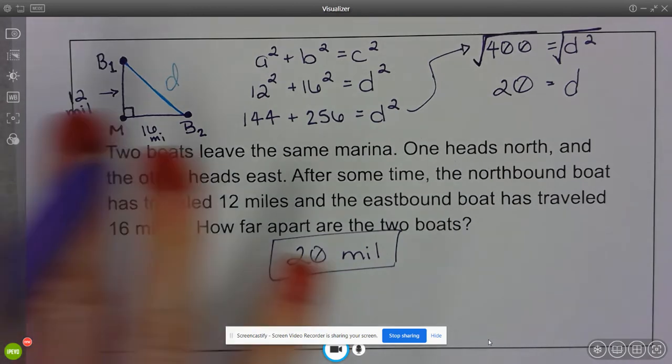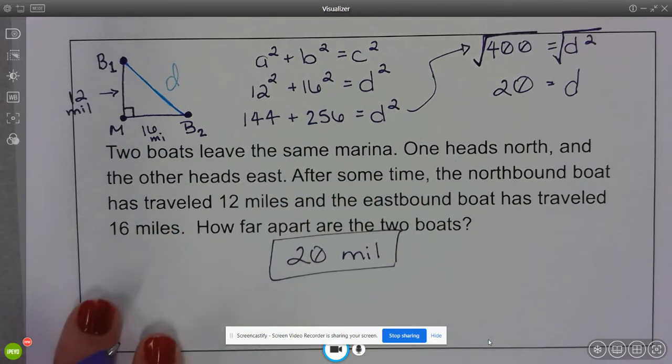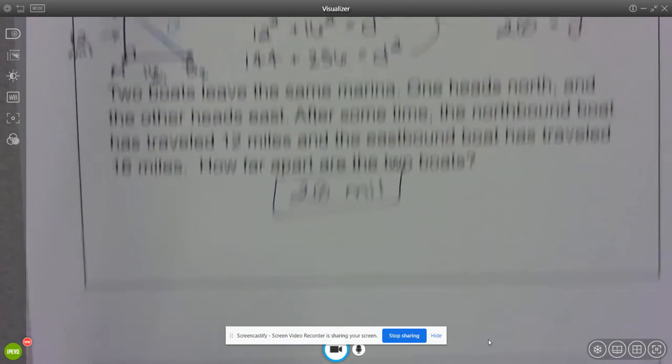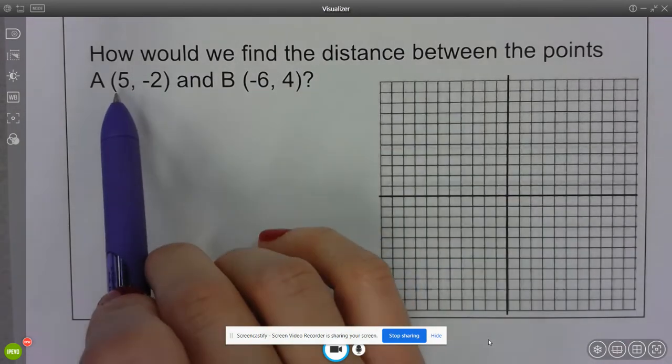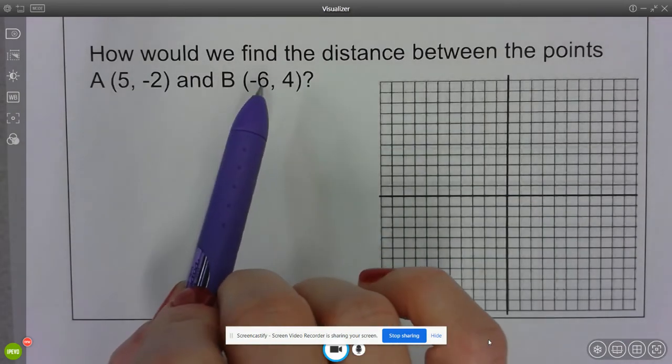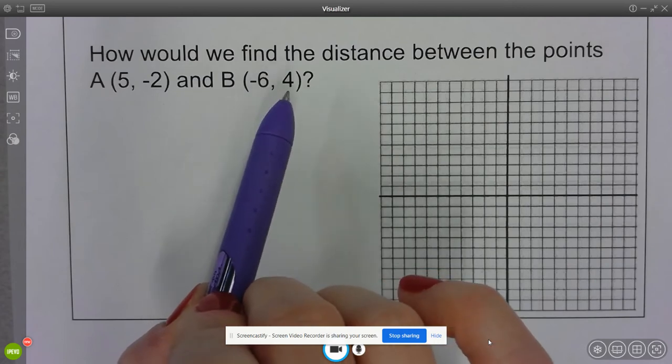So I'm going to take this idea of what we just did with this right triangle, and we're going to apply it now to a coordinate plane. I have the points (5, -2) and (-6, 4).